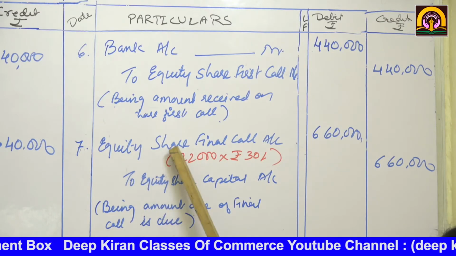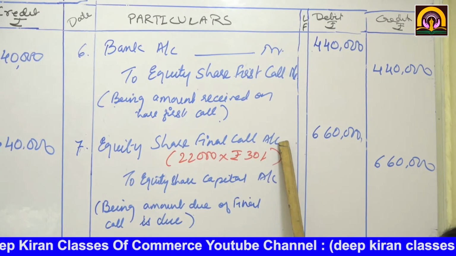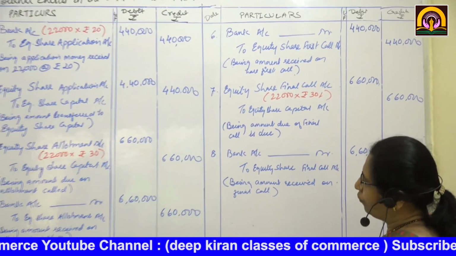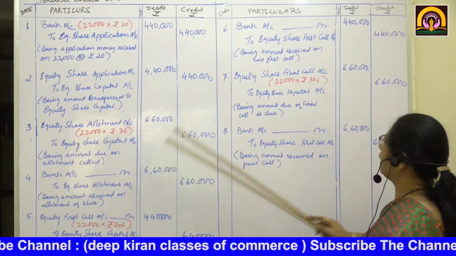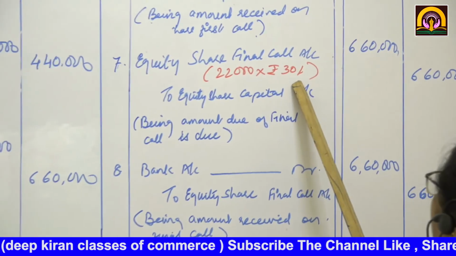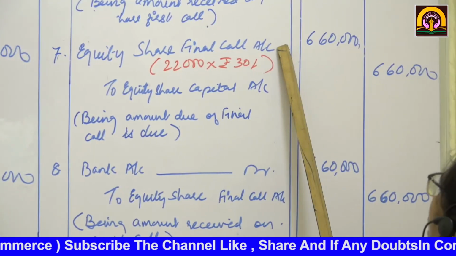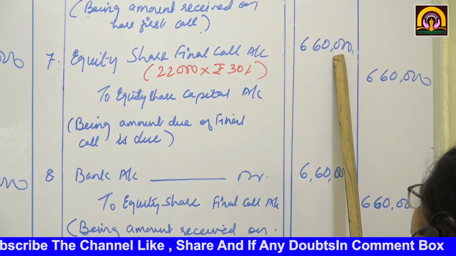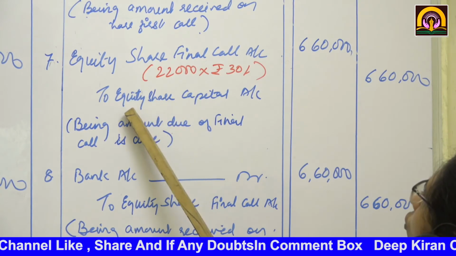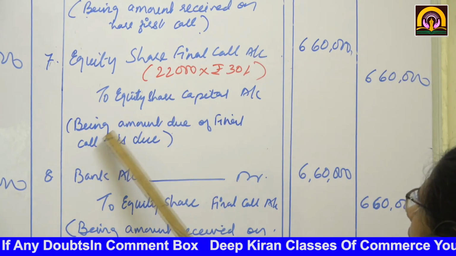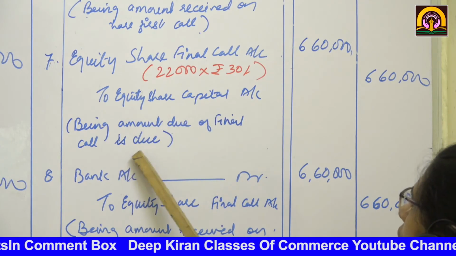Now equity share final call account debit. See, 20 plus 30 is 50, 50 plus 20 is 70. The last is 30, and that is also called, so equity share final call account debit 6,60,000 to equity share capital 6,60,000, being amount due on final call.